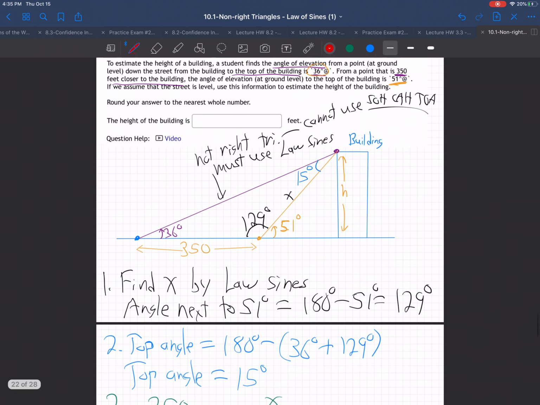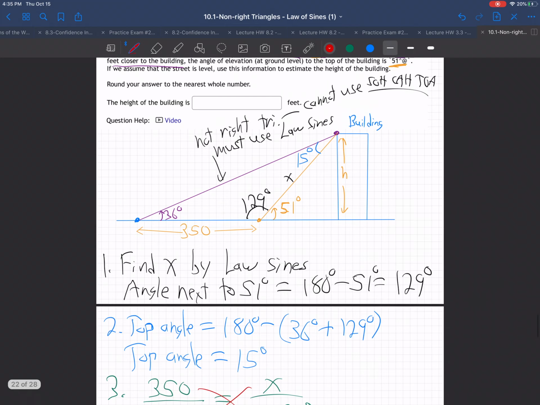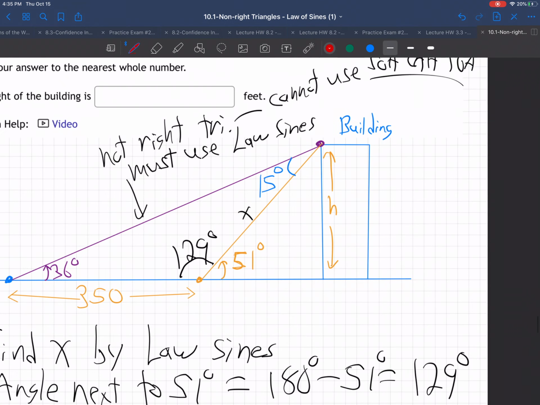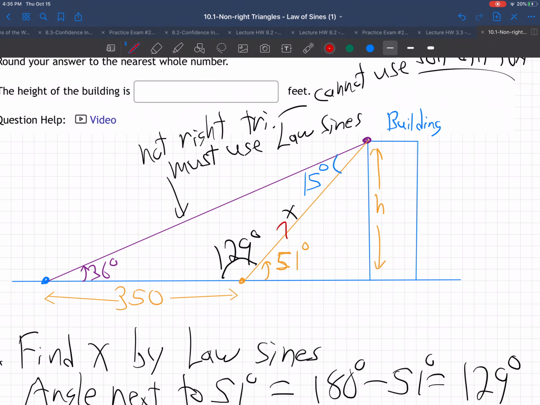Now that's not the end of the story. That's x. Let me write it right here now on our diagram: 794.8597. So I've got x. Now I can focus my attention in here.